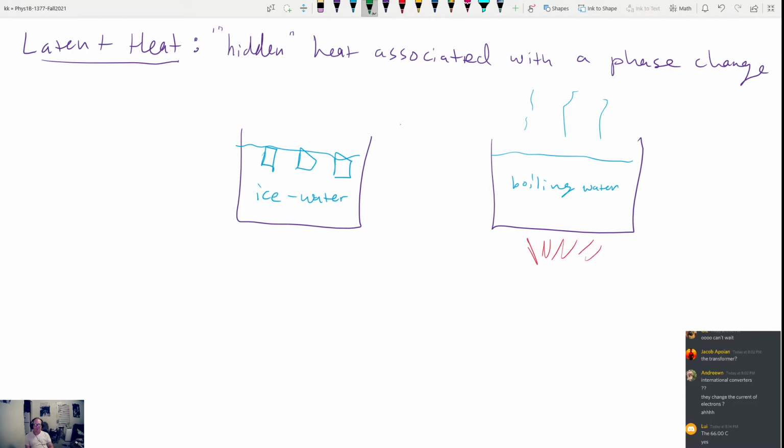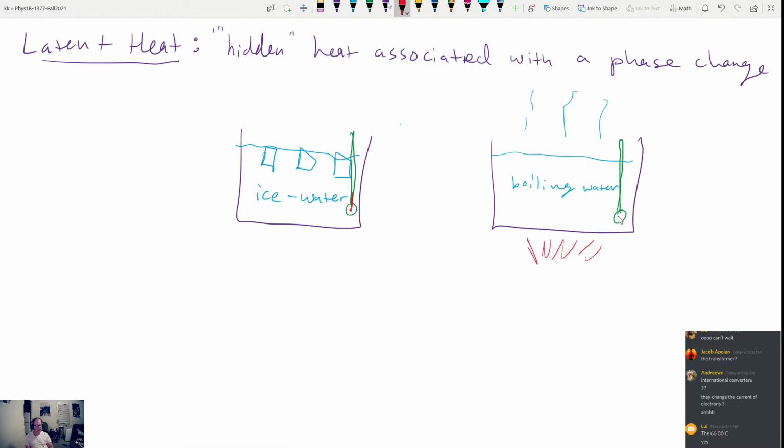Now what I'm going to do is stick a thermometer in both of these. Okay, so we stick a thermometer in this one. We stick a thermometer in this one. And I want you all to tell me, what are the thermometers going to read? If I put a thermometer into ice water, what is it going to read? It's a lot cooler than the boiling water. Yep, it'll be cooler.